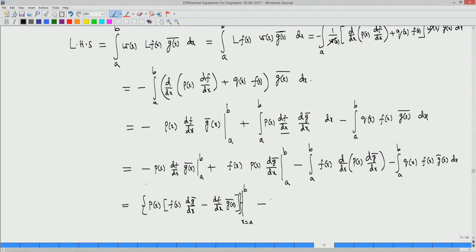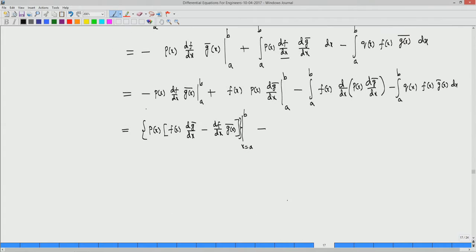And these two terms I can put together. From a to b, f(x) is common, so I am combining this whole thing. This will give me d/dx of p(x) dg bar/dx plus q(x) g bar(x). So, this is what you have for this function.